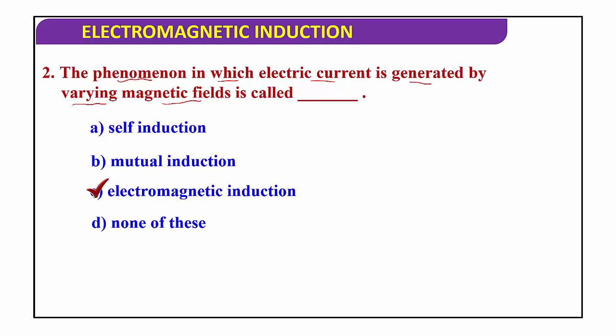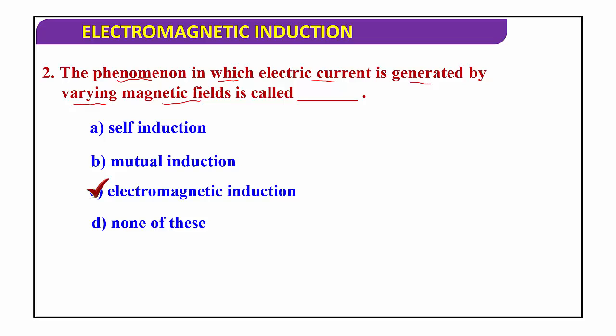The phenomenon in which electric current is generated by changing magnetic field. It is just the reverse process of the previous chapters. Quickly revise once again what we have studied in the previous chapters, because if you understand the previous chapters, then it is easy to understand electromagnetic induction.